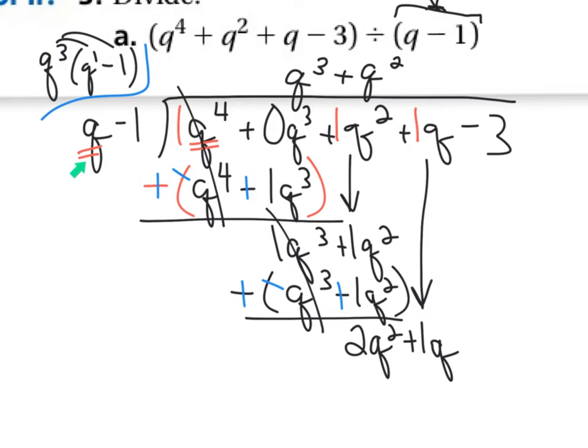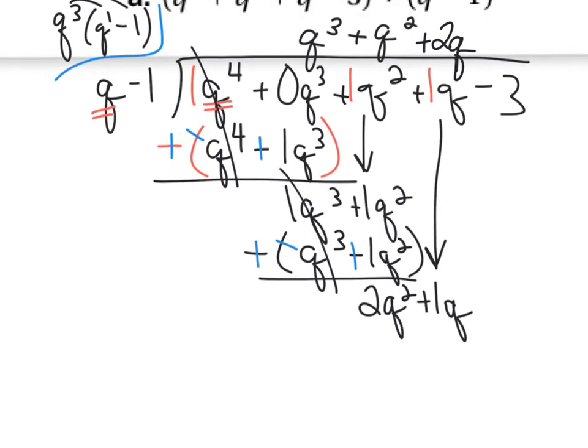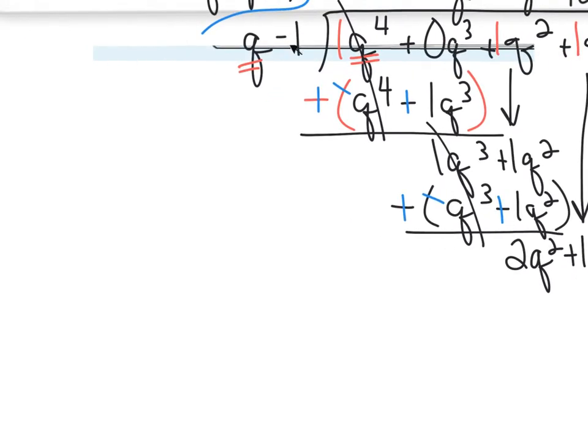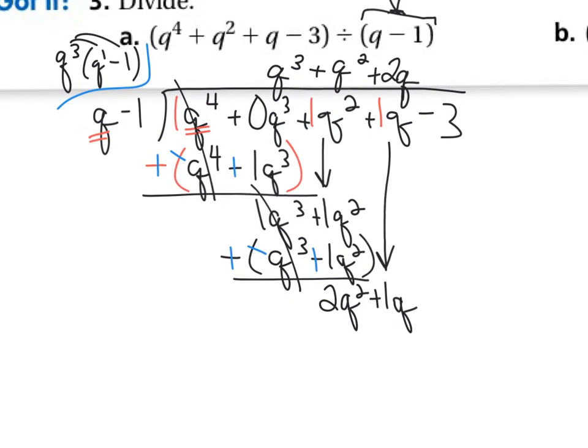So now we're looking at this q on the outside, and we're looking at the 2q². We're looking at q times what to get 2q², and that would be 2q. And so if you multiply that, that would be 2q squared minus 2q.